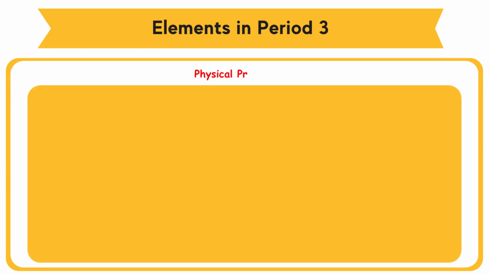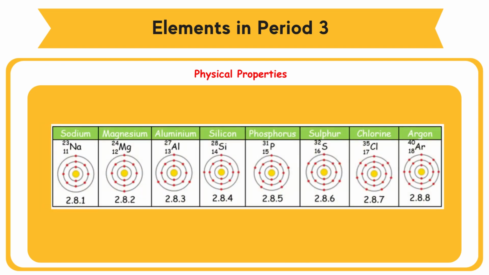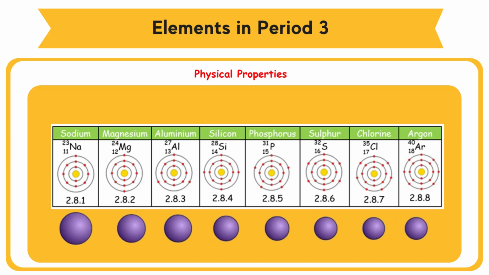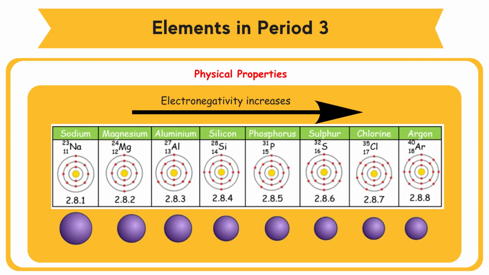Nuclear attraction toward electrons in all 3 shells becomes stronger. All electrons in the shells are pulled closer toward the nucleus. Atomic size decreases. The tendency of an atom to attract electrons into the outermost shell from other atoms increases, hence the electronegativity increases.